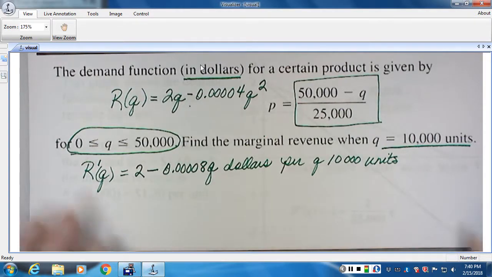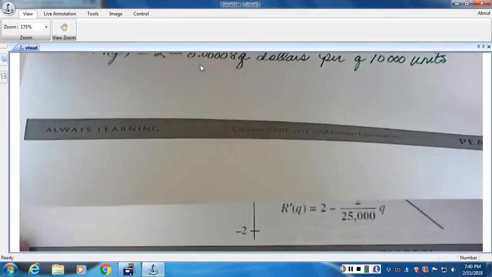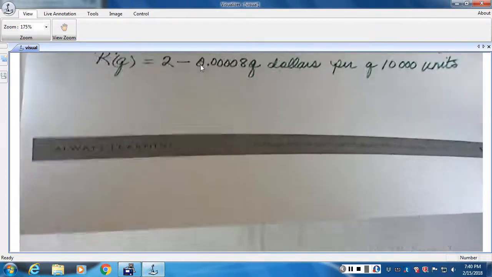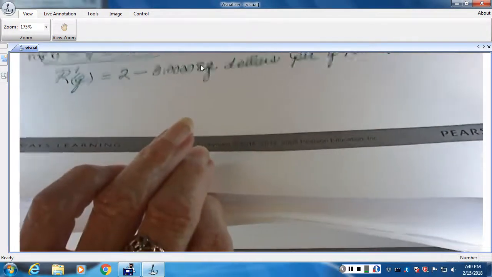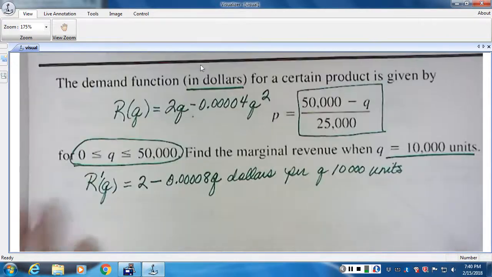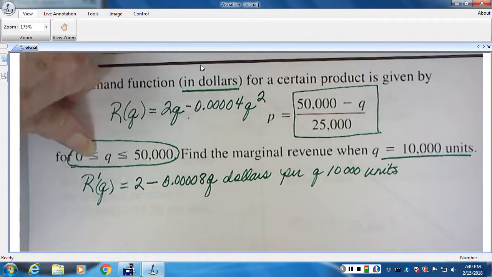And I think I may have lost one of my pages, so I'm going to have to look and see what we're looking for. What does your problem say that Q is supposed to be? Does it say Q equals 10,000?